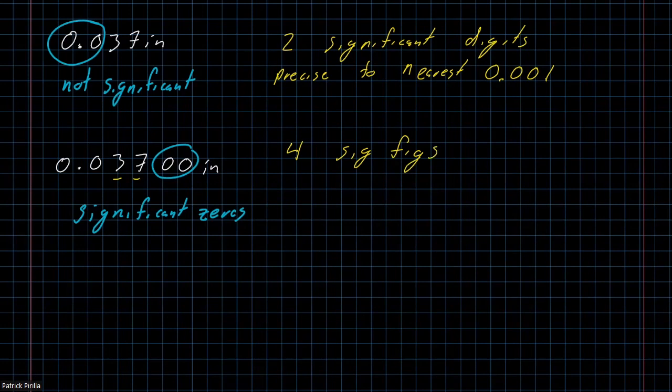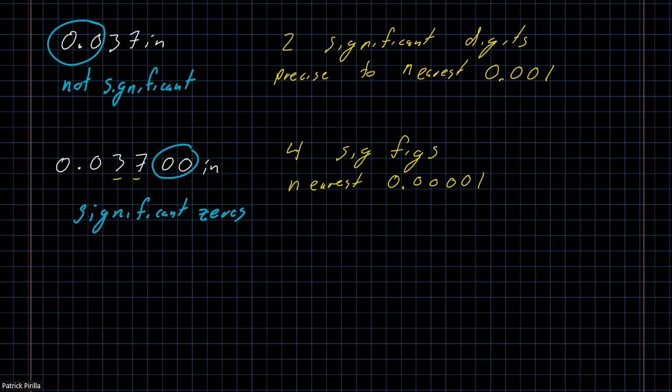Right. Instead of writing out the words significant digits, I very often see it abbreviated as sig figs. And it is precise in this case to the nearest 0.00001. Tenths, hundredths, thousandths, 10,000ths, 100,000ths. All right.